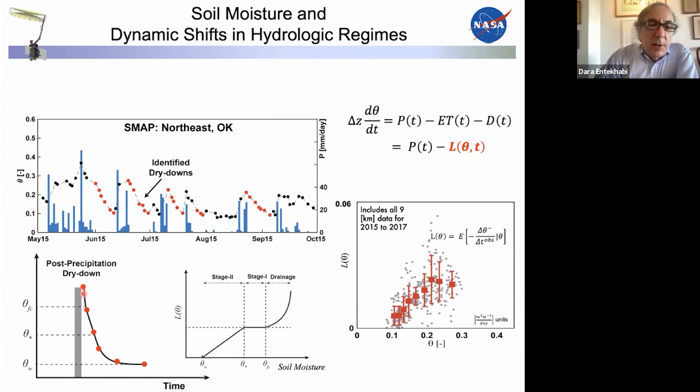If I plot the slopes of these as a function of soil moisture, then from very wet to field capacity is the drainage process dominating, and it's a very high rate of loss. Then between field capacity and the transition, evaporation loss is limited by available energy, so it's potential evaporation, just one number essentially for the loss.